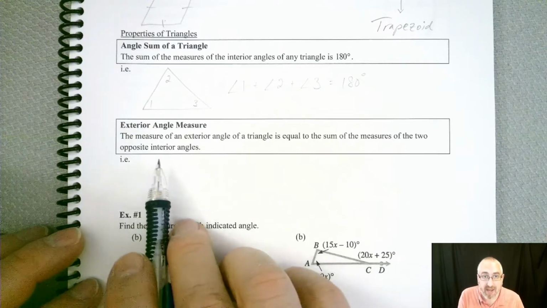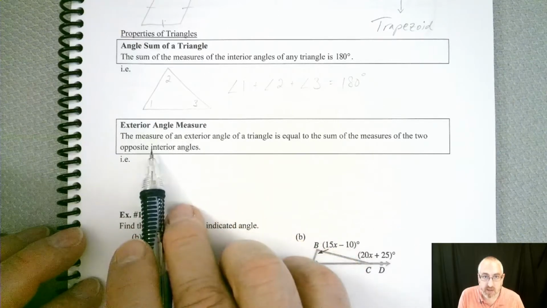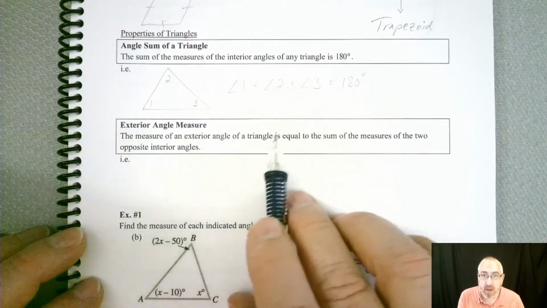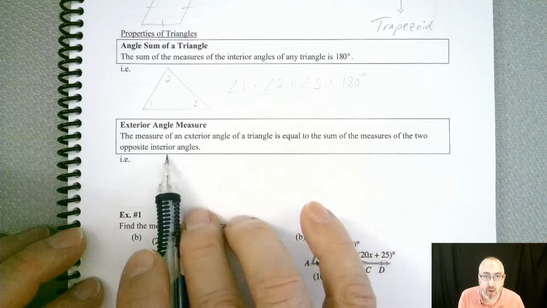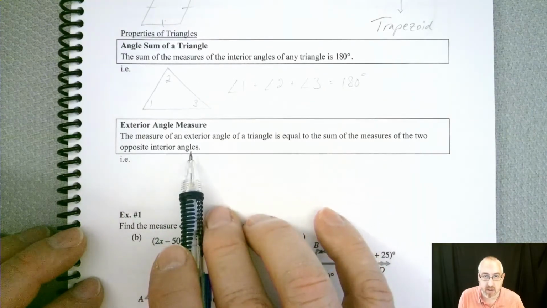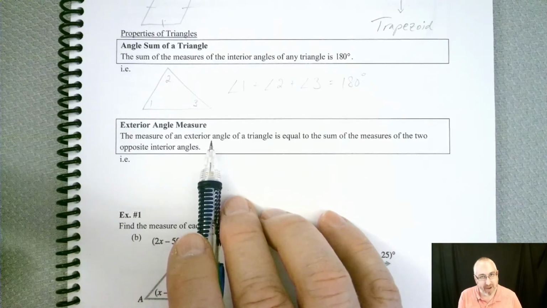The next one is the exterior angle measure property, which says that the measure of an exterior angle of a triangle is equal to the sum of the measures of the two opposite interior angles. So the first question you're probably asking is, how do I get an exterior angle?